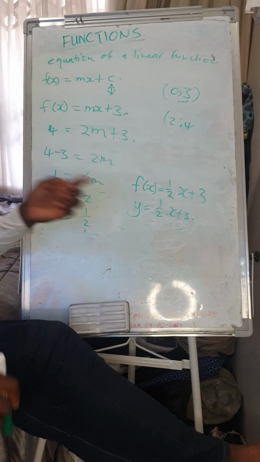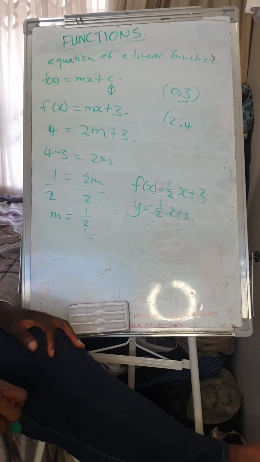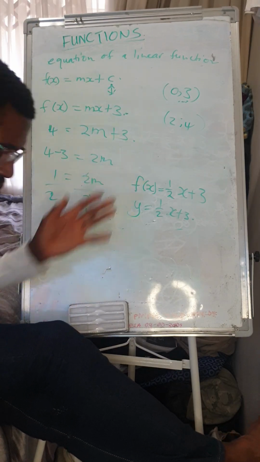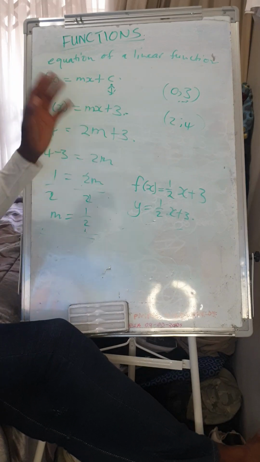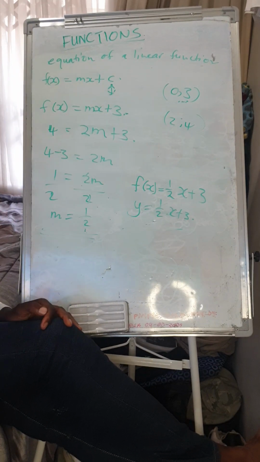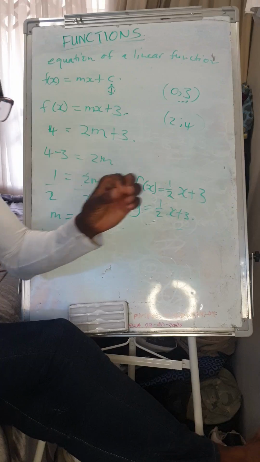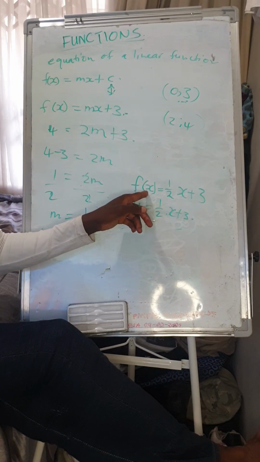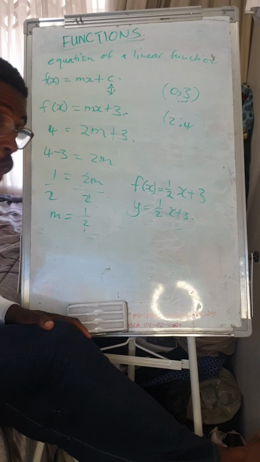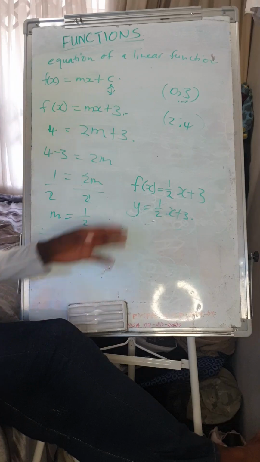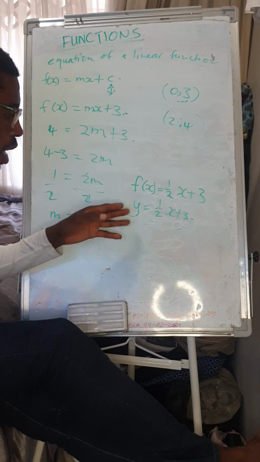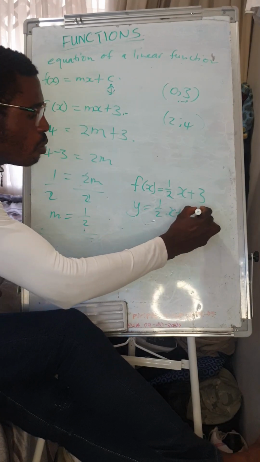So they will specify that: determine the equation of a linear function with these points, and then in the form of f of x equals mx plus c or y equals mx plus c. So it depends what they say. If they say y equals mx plus c, this is going to be your answer.